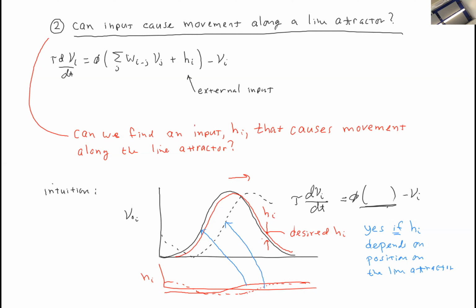If your input to your network of neurons knows where the line attractor is, it can shift it. That's possible, but not so convenient. What you would like is for a network of neurons to apply some input, and that input automatically causes the movement along the line attractor. So this is a solution, but it's not very elegant.